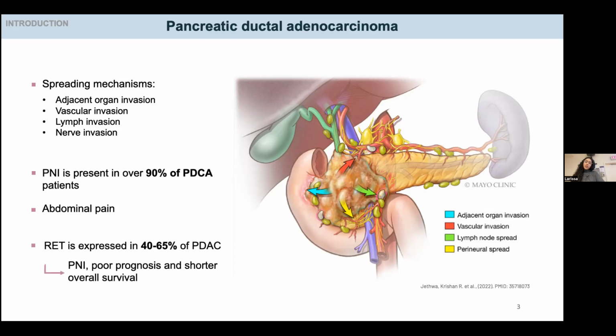Another characteristic of PDAC that I would like to highlight is the presence of RET expression in a significant proportion of the PDAC cases, going from 40 to 65% of the patients, especially in high-grade tumors, which are associated with perineural invasion, PNI, poor prognosis, and also reduced overall survival.